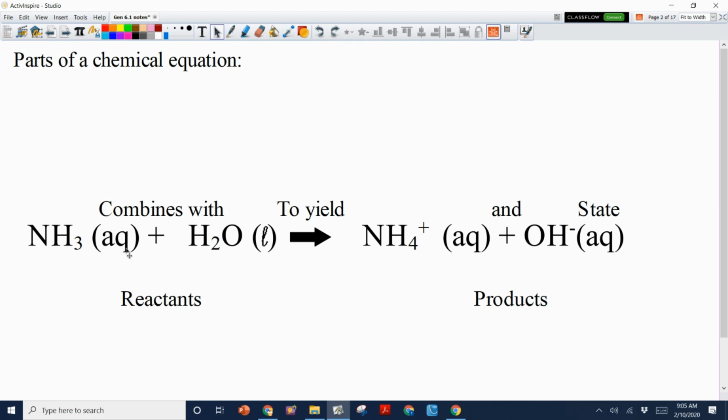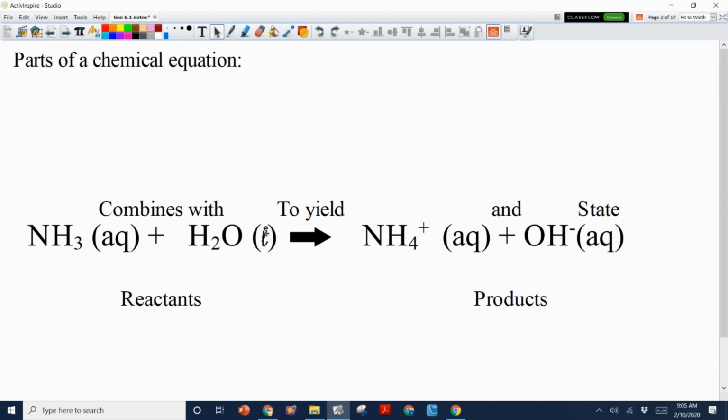In parentheses behind some compounds, you can see what state that compound is in. So (aq) stands for aqueous, which means the NH3 has been dissolved in water. Then you have your plus sign, which means combines with. So this ammonia combines with water, H2O.